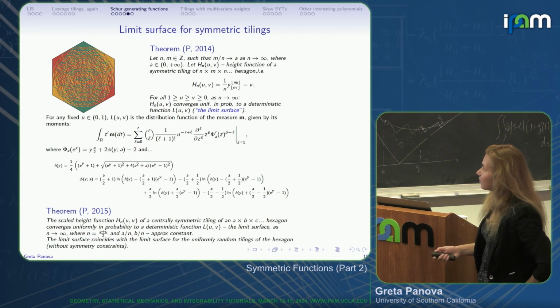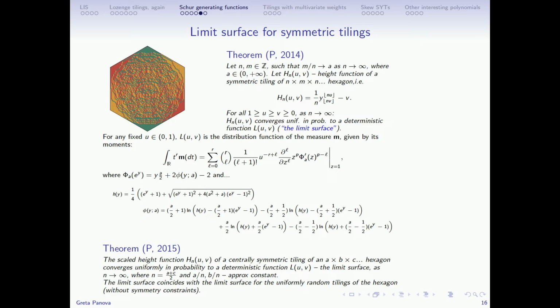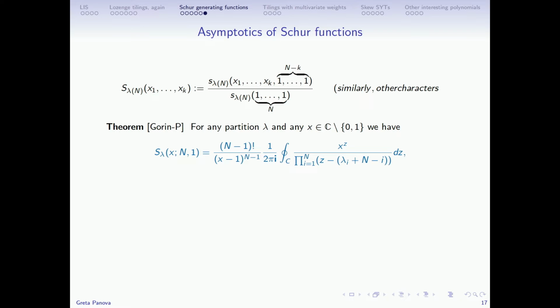Okay, and this is how the limit surfaces would look like if you calculate. So you get an implicit equation for the limit surface from that thing, and it's not your friend. But I don't know if we have a nice equation for that anyway. And so, what was behind the scenes? You have to do asymptotics for Schur functions, and one way to do it is to represent it as a complex integral.